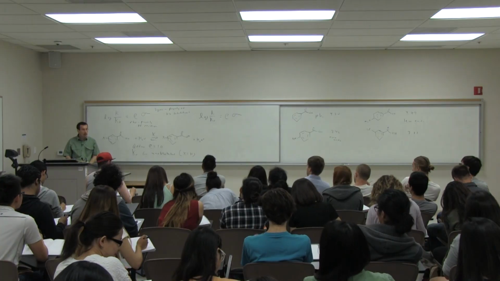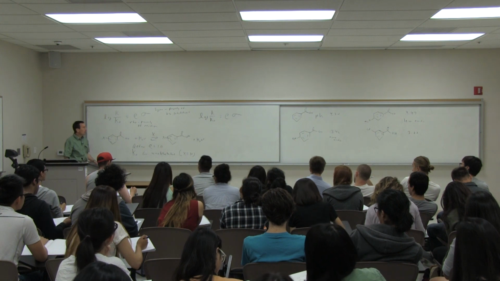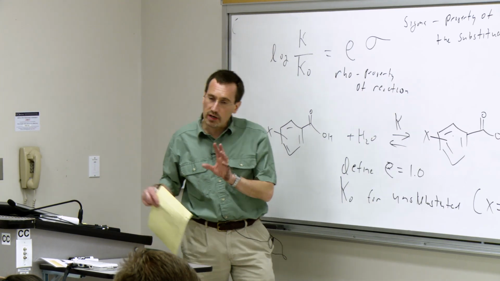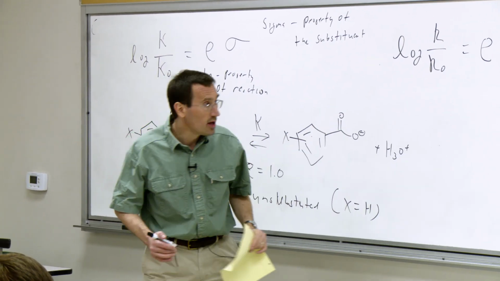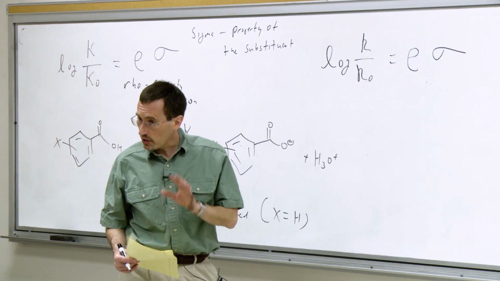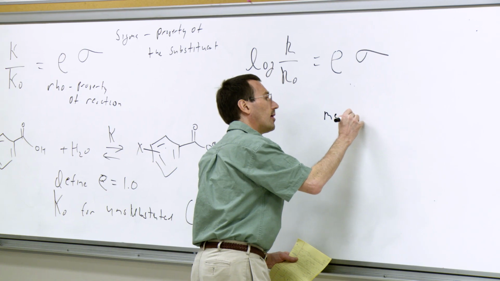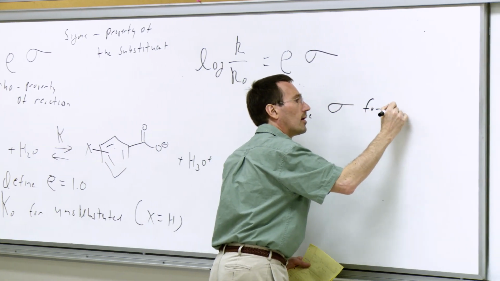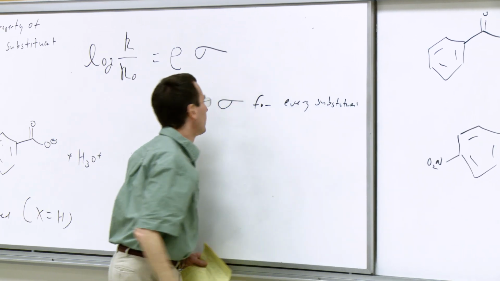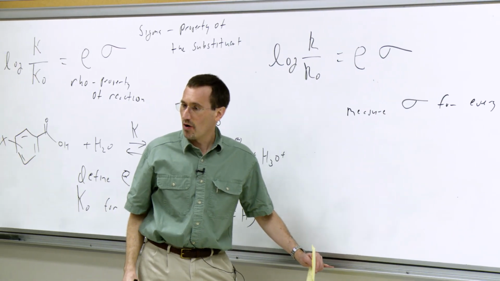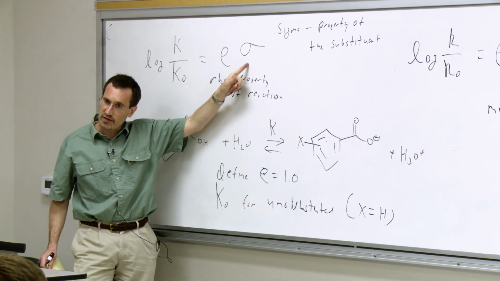Yeah. So I'm sorry, I'm a little bit confused about what exactly the rho and the sigma terms define and what they mean. Okay, so in other words, you can now measure by simple acidity measurements sigma for every substituent. Are there any units for the sigma and the rho? Nope, they are unitless. So K over K, and that makes sense because they're both factors, if you will.